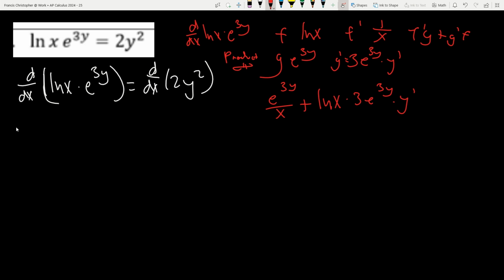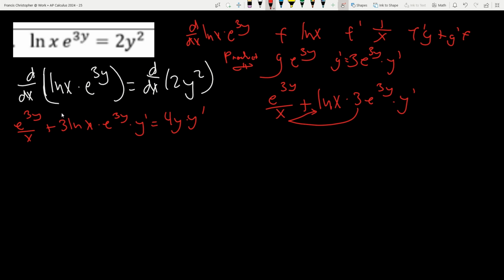So this entire left-hand side is e to the 3y over x plus 3 ln x times e to the 3y times y prime, just bringing the 3 to the front. It equals, and again, power rule for y, but then also not forgetting the y prime.